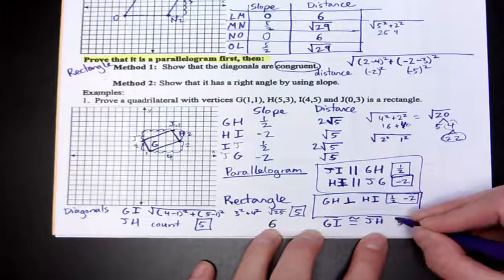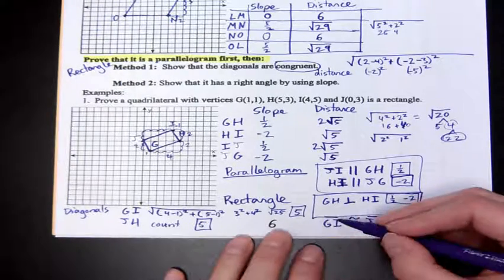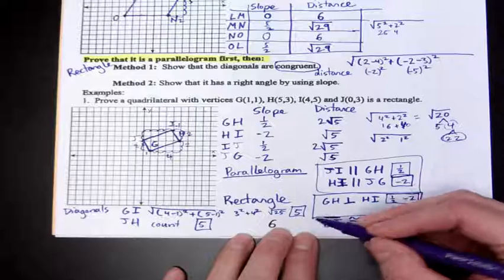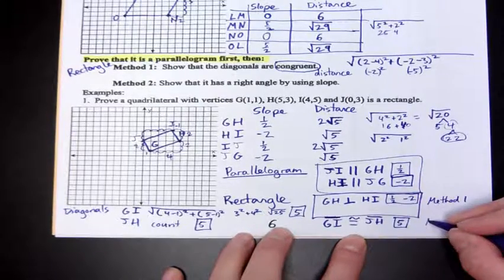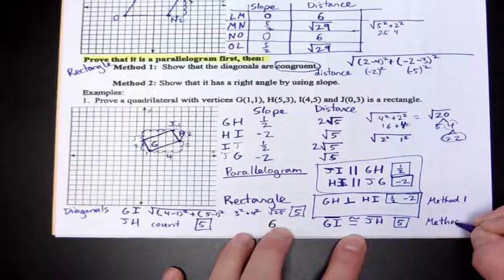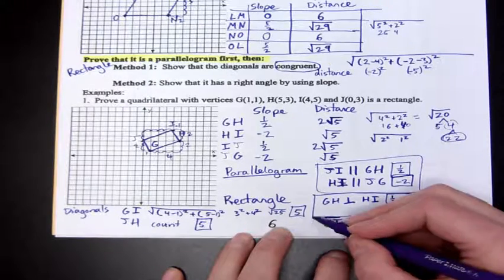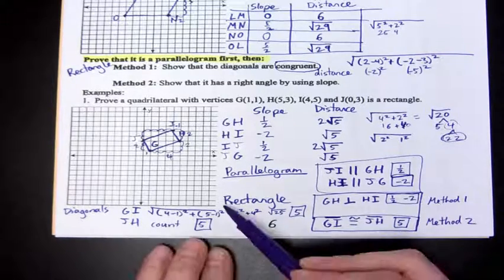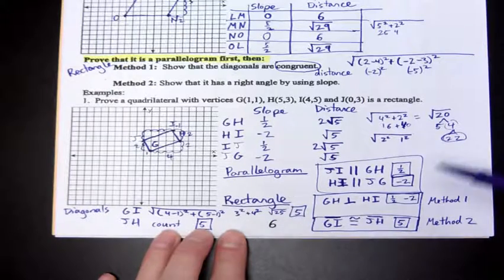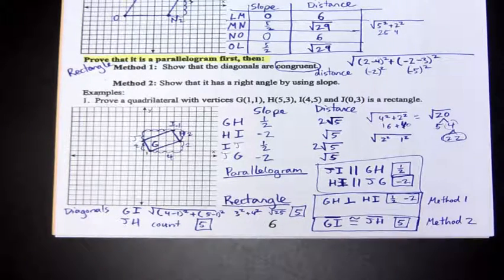Both of them have a distance of 5. So that's our method 2. So for each shape, you can choose which method you use to write your proof statement, but just remember for a rectangle, you have to have 2 levels, a parallelogram level and a rectangle level.